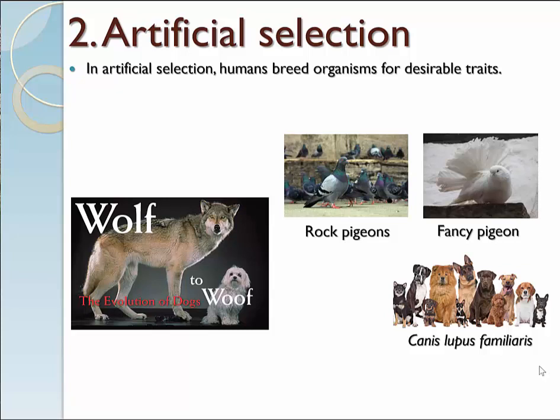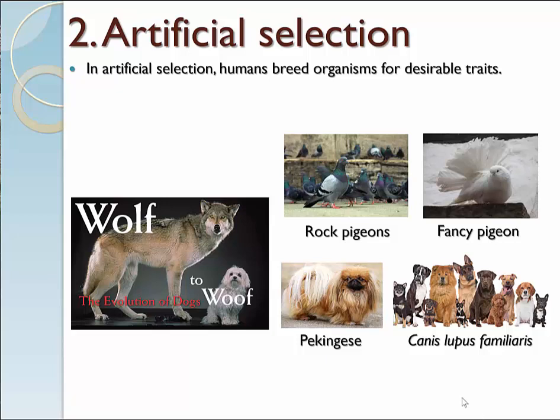Currently, the evolution goes back to about 20,000 years. The first dogs came about around that time. But many of the breeds we have today, especially these miniature breeds, came about because of a particular dog called the Pekingese.